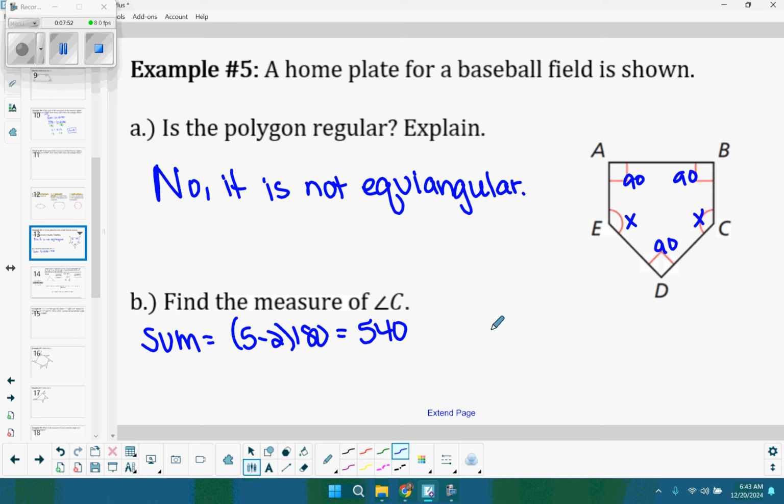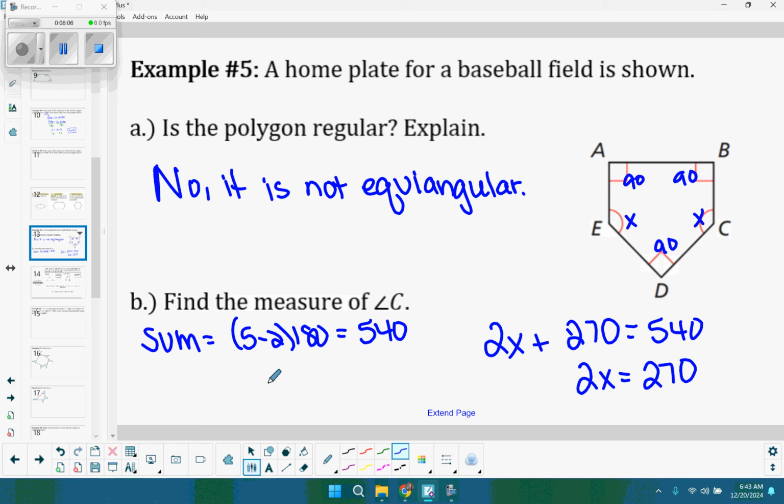So 2x plus 90 plus 90 plus 90, or 270, is equal to 540. We'll take away 270, so 2x equals 270. We'll divide by 2, so the measure of angle C, or x, equals 135 degrees.